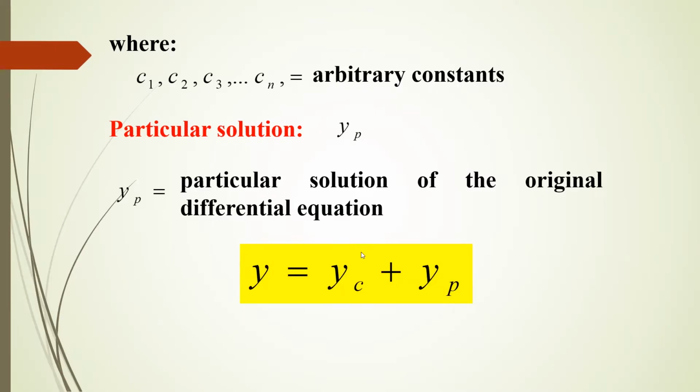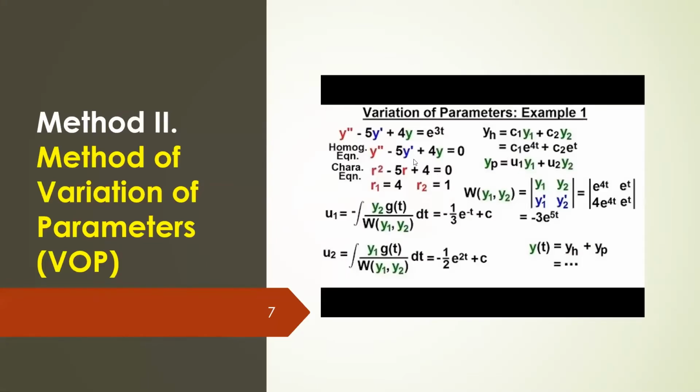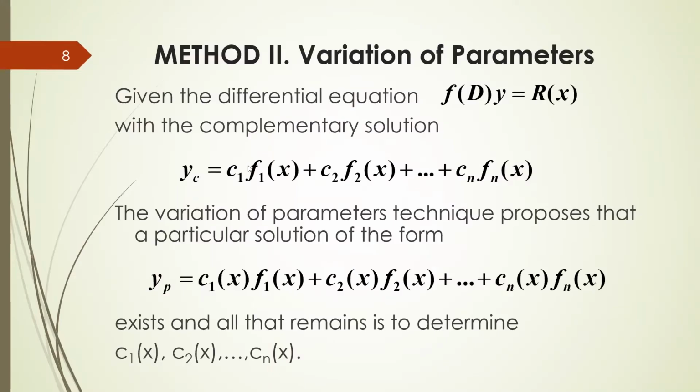However, yp, or the particular solution, it depends. Where does it depend? It depends on the form of your complementary solution. I'll show this to you. For variation of parameters, let's say that your complementary solution takes this form: C1 f1 of x, C2 f2 of x, and so on.